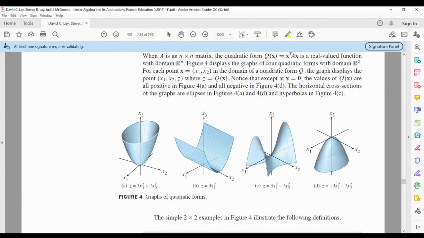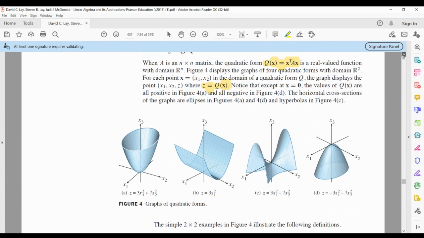The quadratic form is Q of x equals x transpose times A x, and they're going to let z equal Q of x, and that's how they plot. So the vector x is x1, x2, and then z is a function of x1 and x2. So z is a surface.